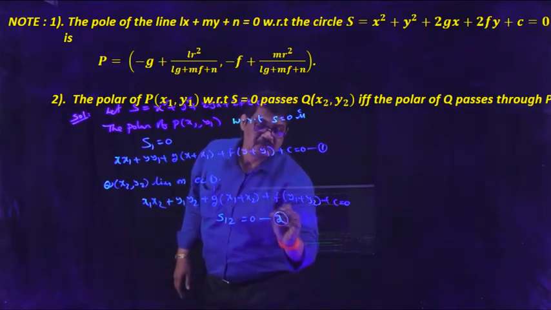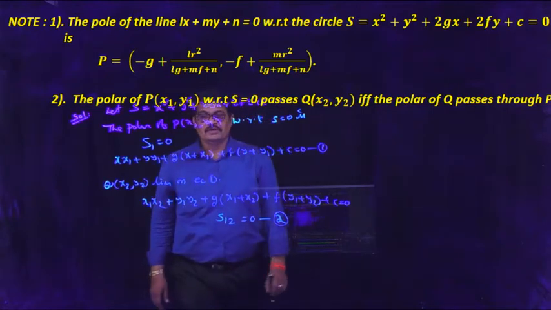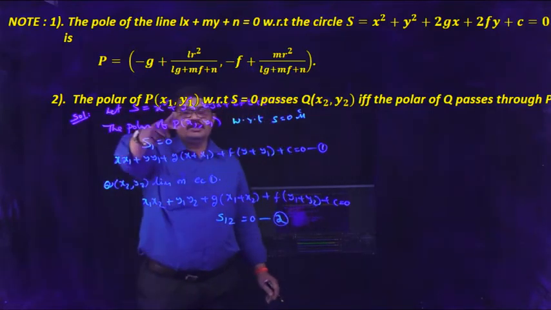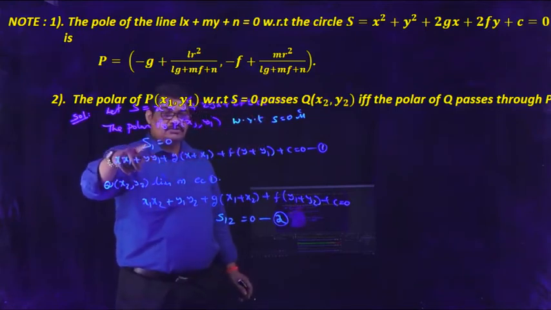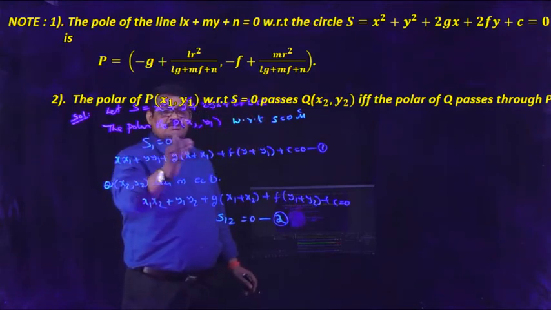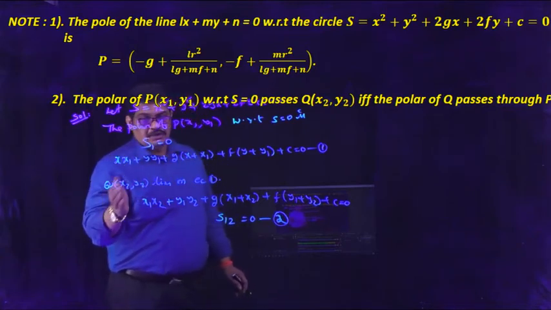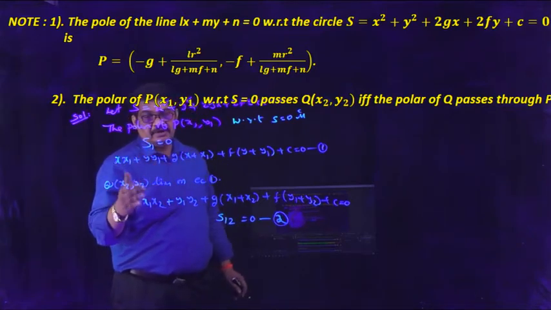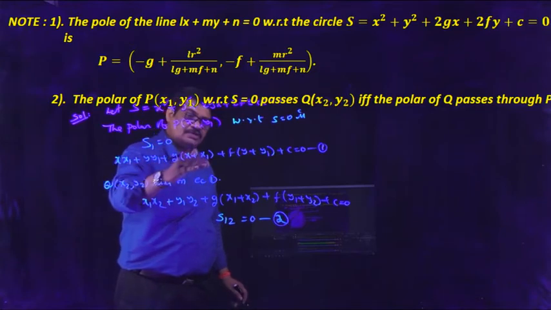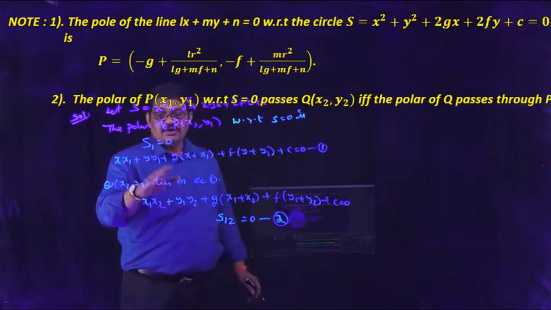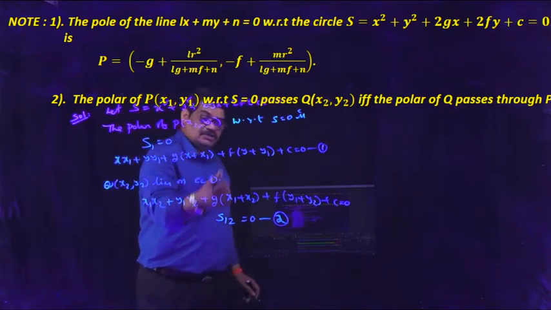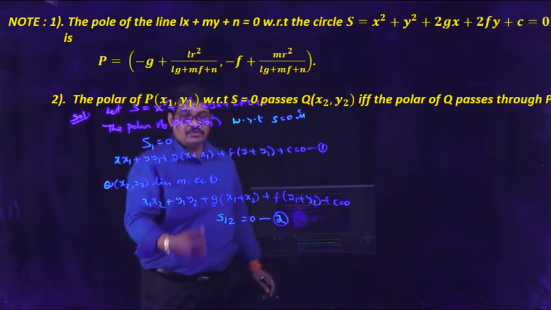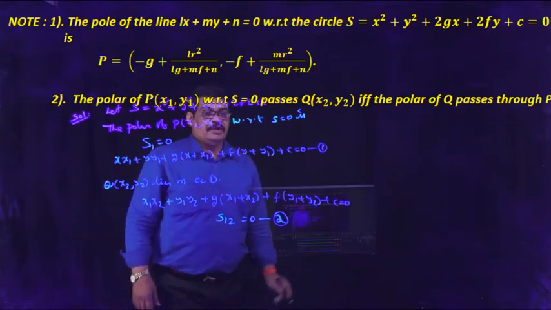Now the polar of P(x1, y1) with respect to the circle, that is S1 = 0, passes through the point Q(x2, y2). That is the first statement. The point Q lies on this polar equation. Now we substitute Q(x2, y2) in this equation. We get S12 = 0. Okay, next.